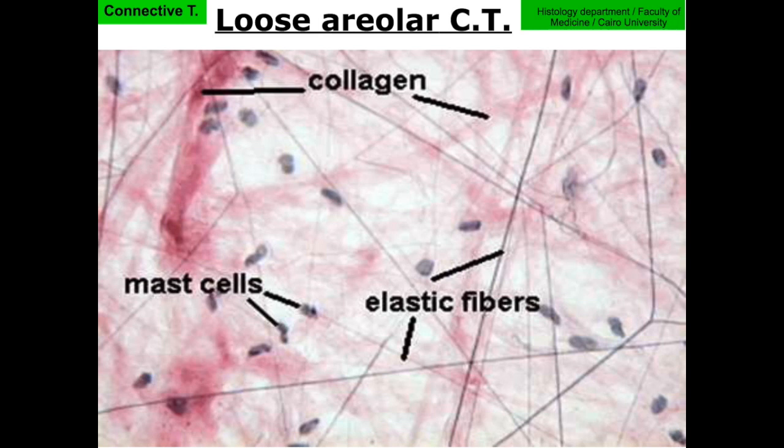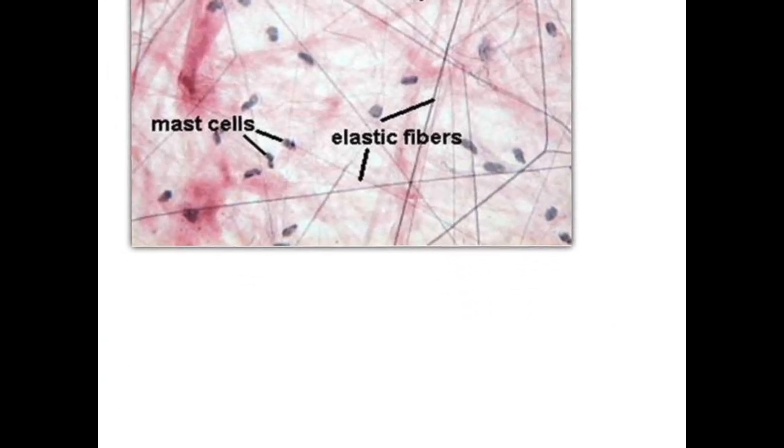And this type of tissue is very delicate, very flexible, and very vascularized. As regards the sites, you should remember the sites of this tissue. It is present all over the body except the brain.